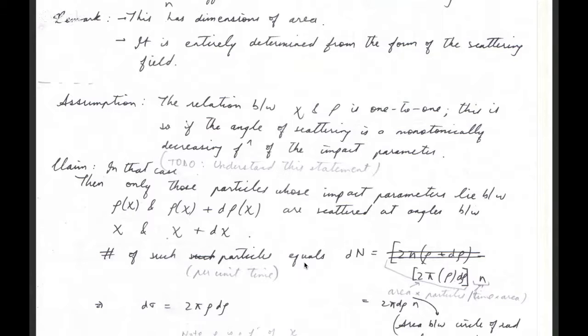Then why is it saying this is so if it is monotonically decreasing?